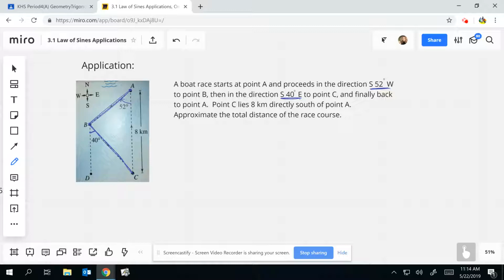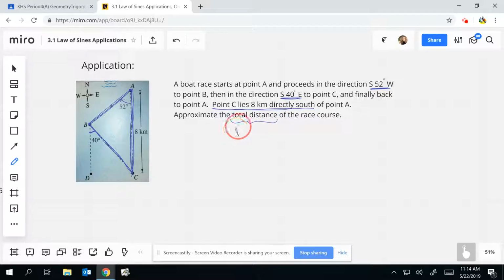Then from there, they go straight back to point A. They're telling you that C is due south of A, so you went straight north to get home, because it says point C lies 8 kilometers directly south of A. So this line from A to C is a north-south line, exactly vertical.